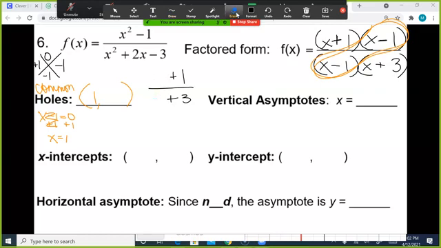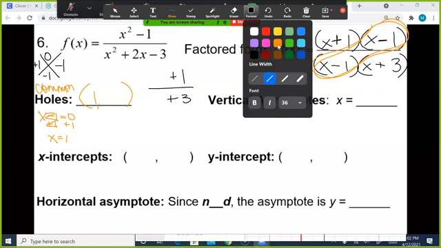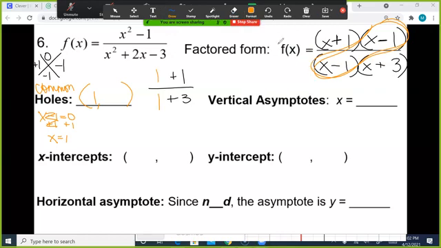And I plug in a 1 for each of those. 1 here, 1 here. 1 plus 1 is 2. 1 plus 3 is 4. And when I divide 2 by 4, I get 1/2. Reduce it. Don't leave it as 2 divided by 4. Make sure you reduce it to 1/2.